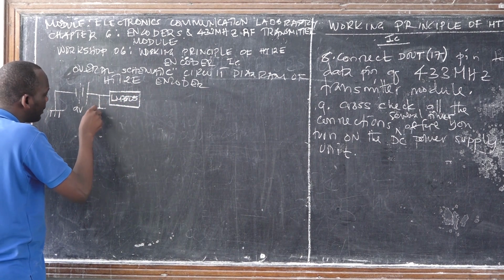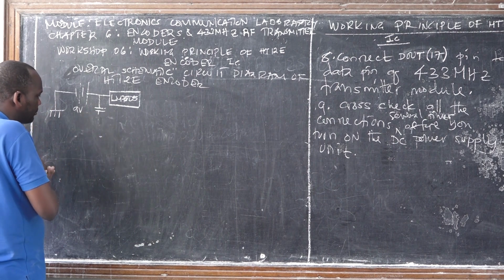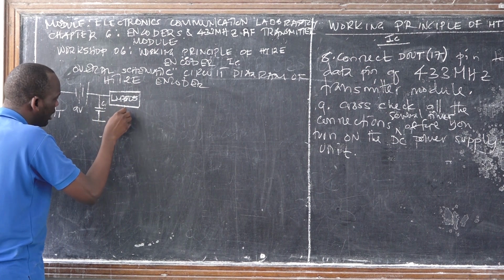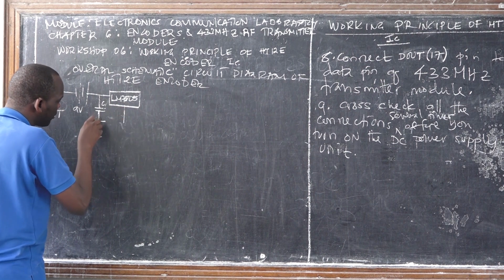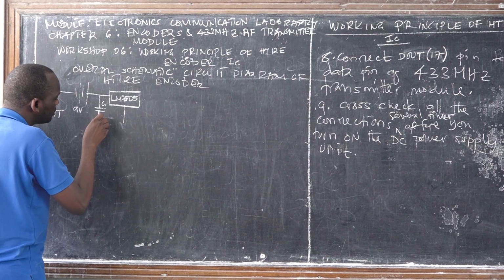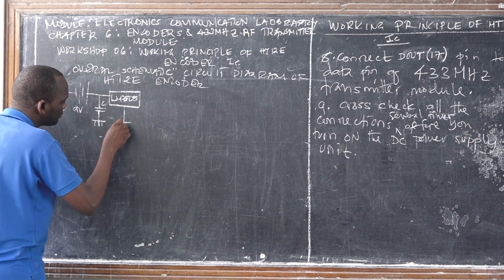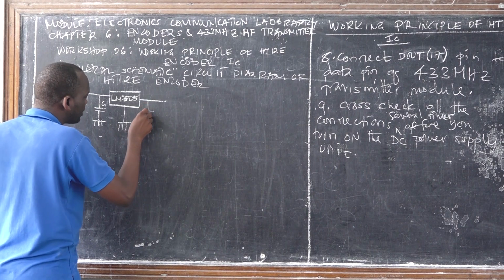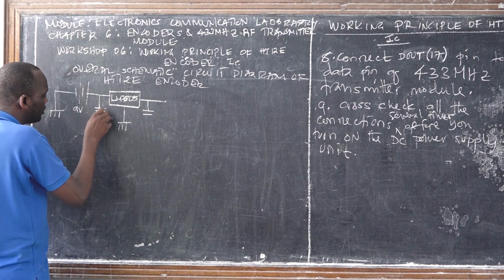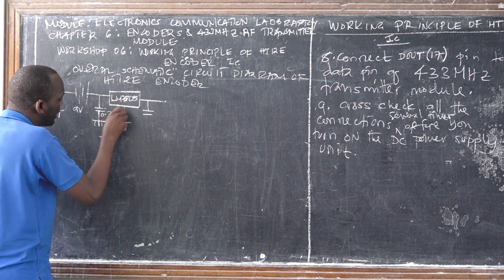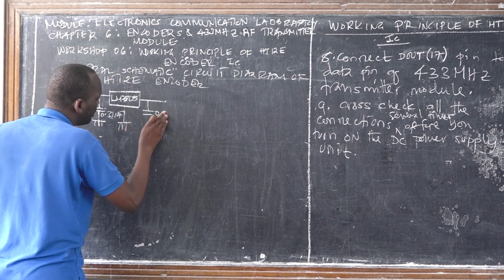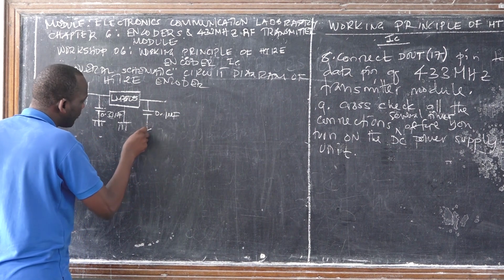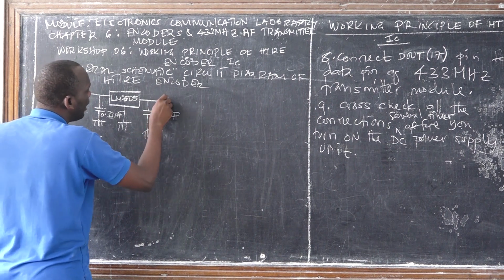Then at this point, we have a ceramic capacitor, and at this point, ground. We also have another ceramic capacitor. This is 0.33 microfarad, and this is 0.1 microfarad. So you have a common ground.